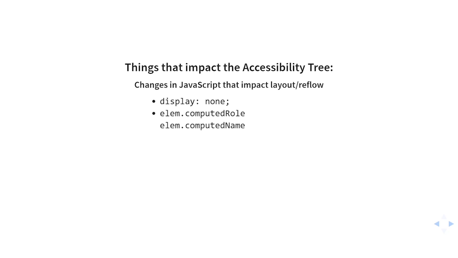Things like looking up an element's computed role or its computed name can impact layout and reflow. Doing fancy things with scrolling, like if you're trying to hijack scrolling on the page load and you're trying to do a lot with JavaScript, that can slow things down in the accessibility tree. Doing expensive lookups like window.getComputedStyle.